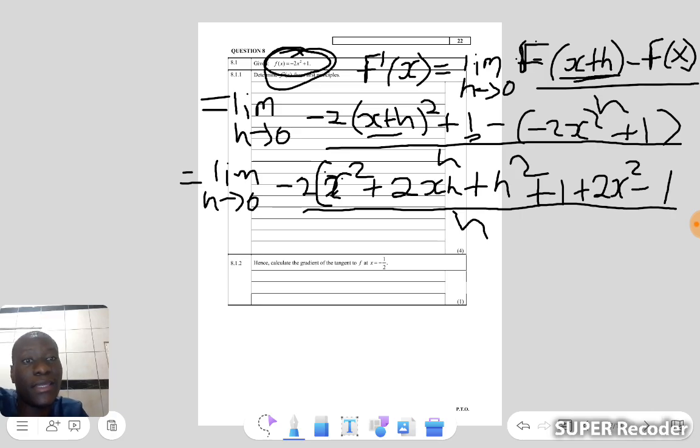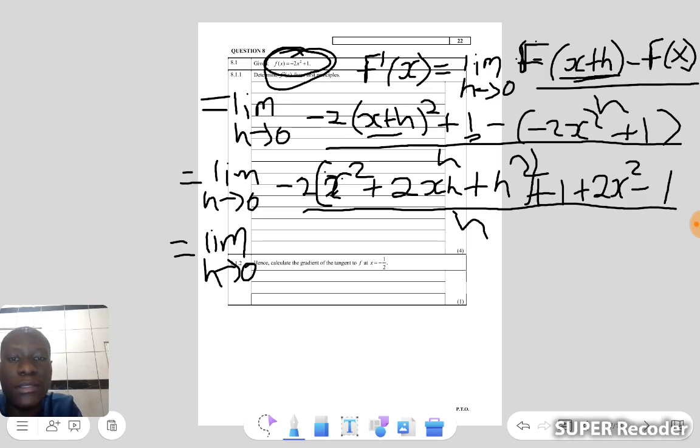Here, I will write this as 8.1.2, I will erase later. Equals the limit as h approaches 0. Let's multiply the negative 2 by what is inside the brackets.